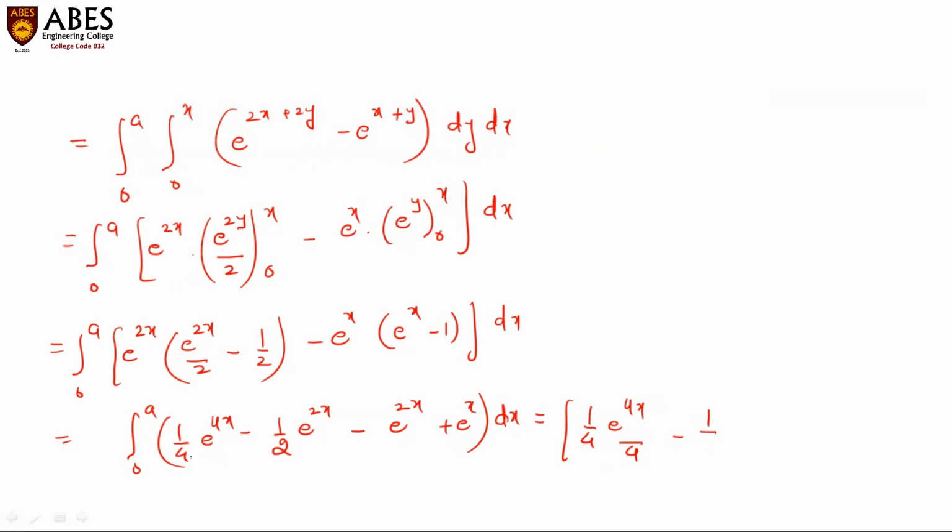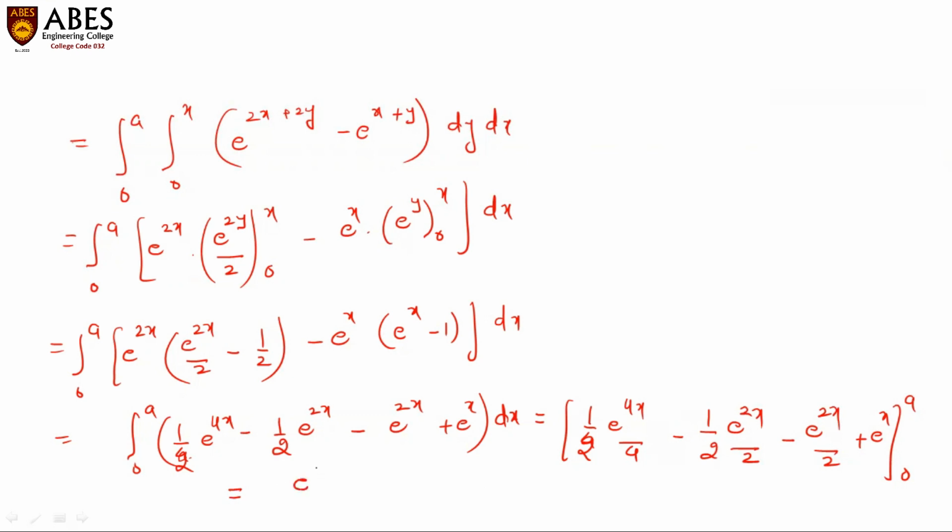Sorry, this is 2, not 4, this is 1 by 2, e to the power 4x by 4 minus 1 by 2, e to the power 2x by 2, minus e to the power 2x by 2 plus e to the power x, and we substitute the limit of x from 0 to a. What will we get?